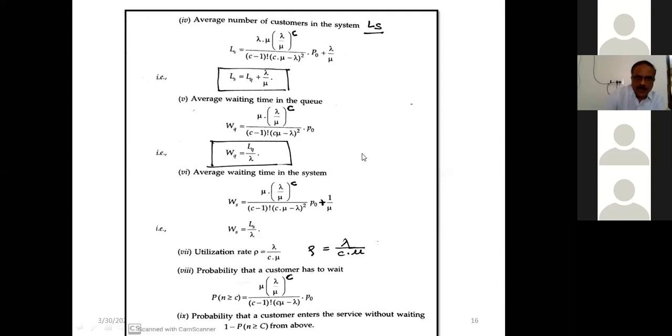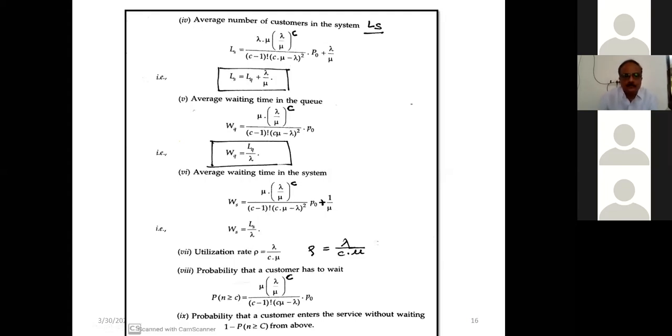The next is the average waiting time in the queue. Once you know LQ, you can find WQ, that is LQ by lambda. Similarly, the average waiting time in the system, WS, is equal to LS by lambda.